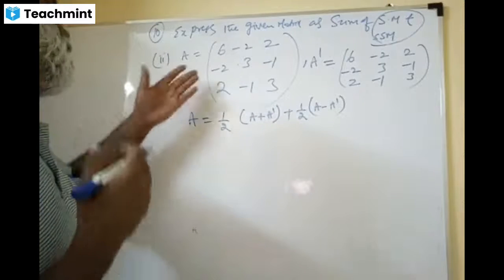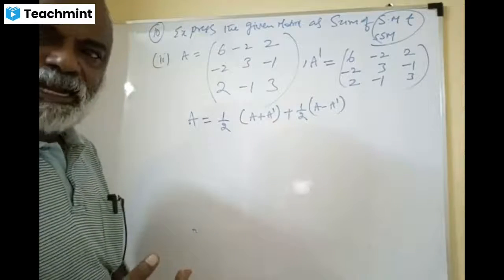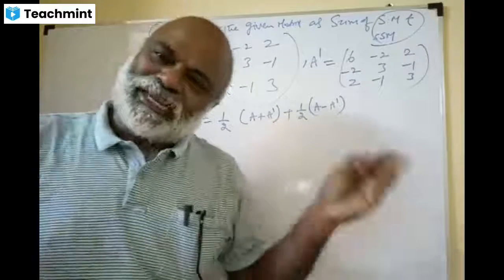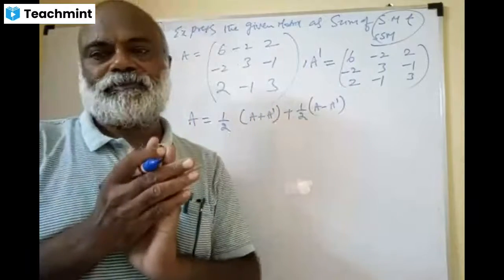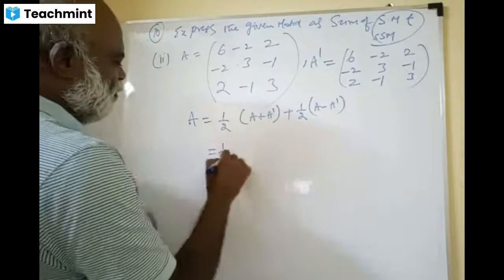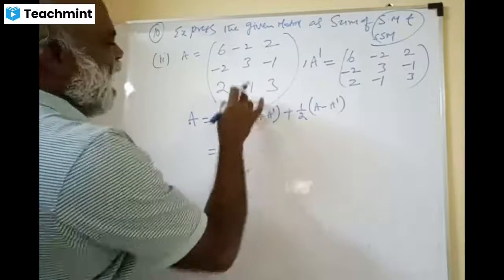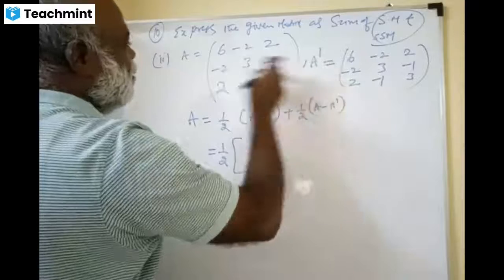Luckily A itself is a symmetric matrix, so A dash is also a symmetric matrix. When you add two symmetric matrices, you get a symmetric matrix. Half A is already symmetric and A dash is also symmetric. A plus A dash is nothing but 2A, right?